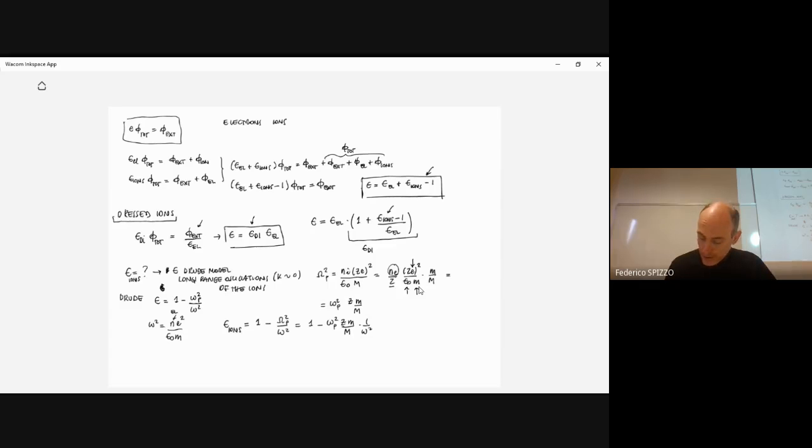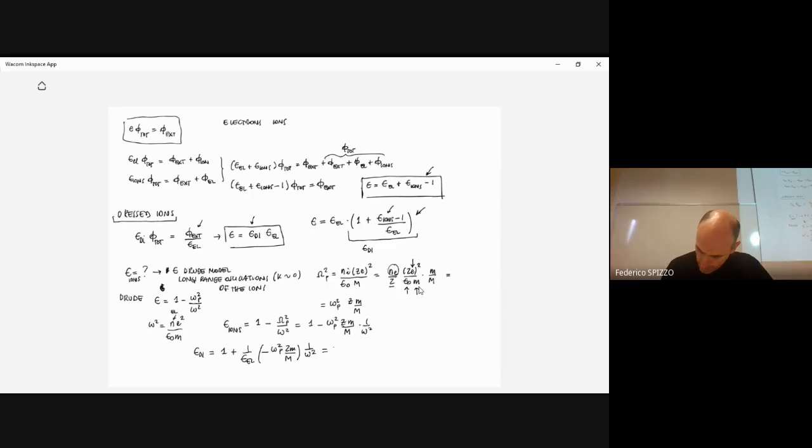The next step is to evaluate this parenthesis, so to evaluate the dressed ions contribution. So for the dressed ion contribution, we have 1 plus 1 divided by the electronic contribution. Now, the dielectric constant of the ions minus 1 gives us just minus omega squared of plasma, Z, the positive charge of the nucleus, electronic mass divided by the ion mass, everything divided by the square of the frequency.